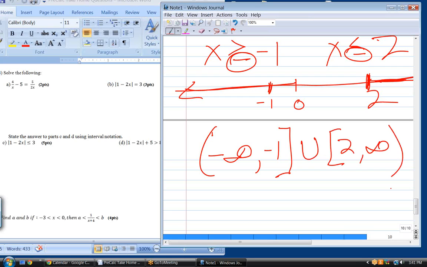And infinities always have parentheses, never a bracket with an infinity. So this would be the answer for that region of the number line in interval notation.